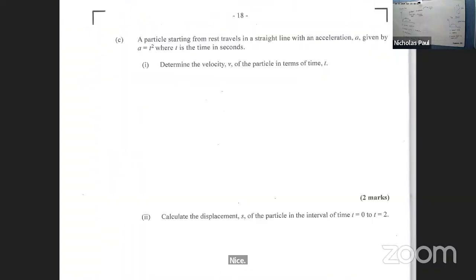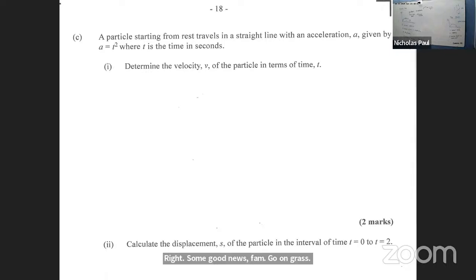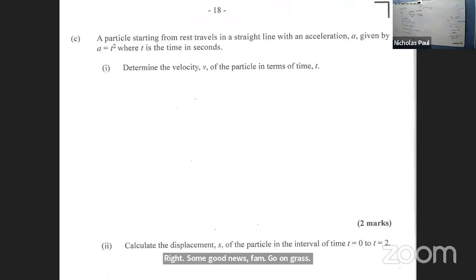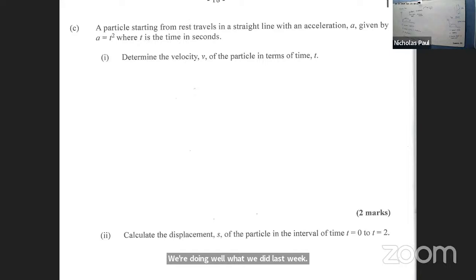No more graphs. We're doing what we did last week. Do this fast. So for homework, remember differentiation and integration next week. We're doing a whole revision class on that next week. Just questions only. So make sure you do revision.